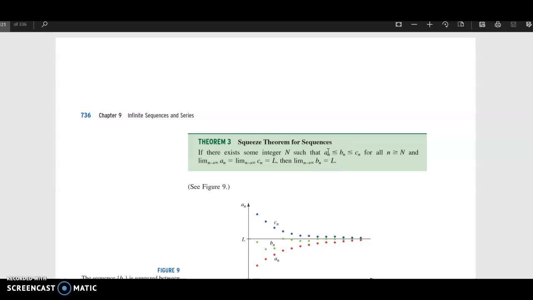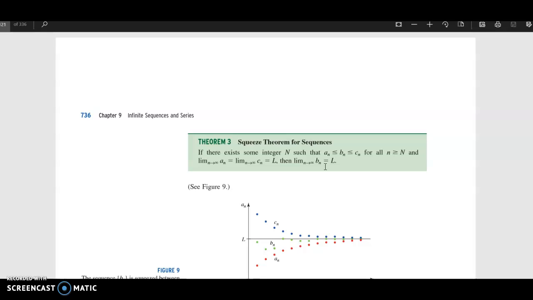That is an and bn. If there is a sequence bn that lies in between an and cn, and we know the limits of an and cn, then we have to determine the limit of the middle sequence.